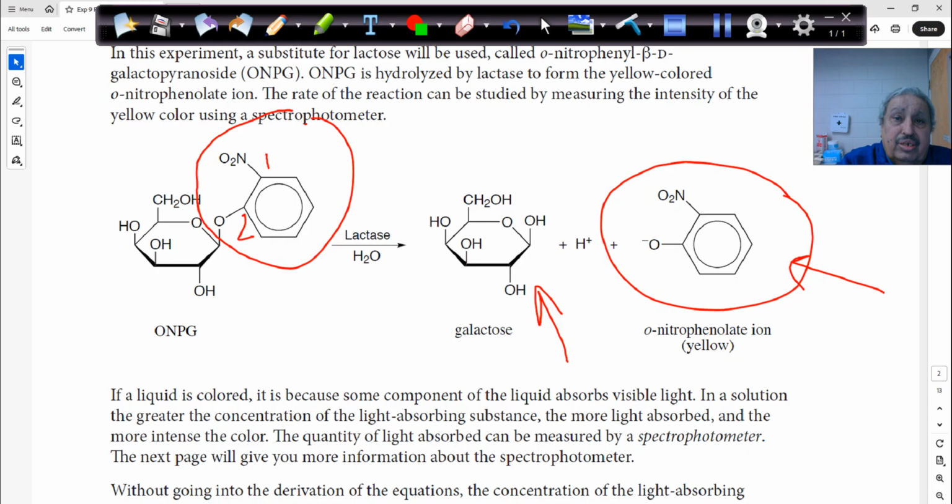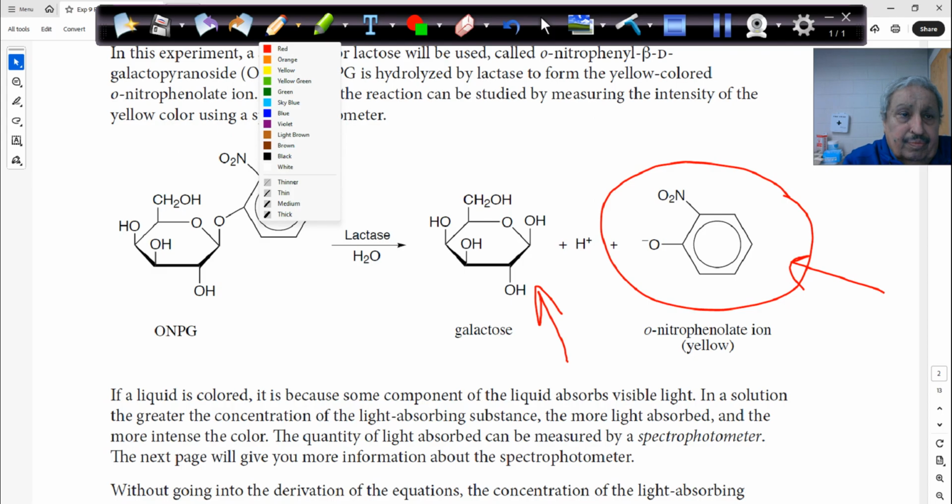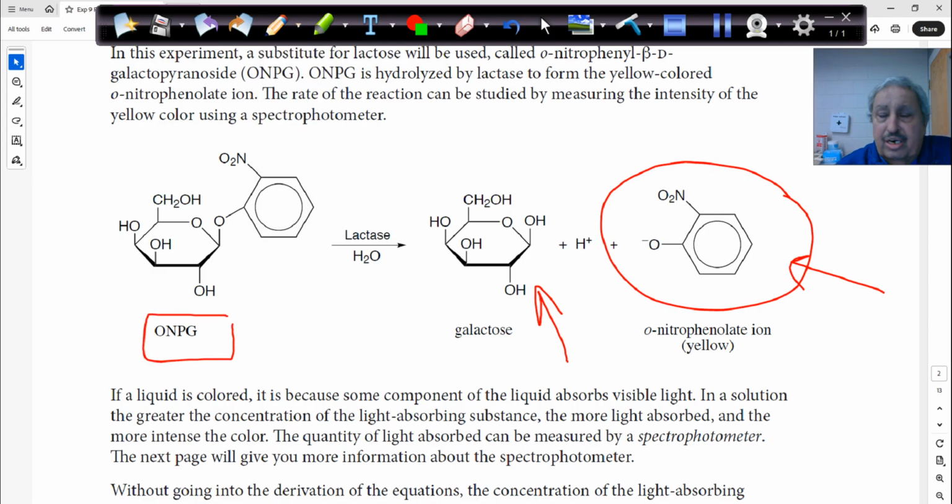So this molecule here has the large name, which is abbreviated from now on ONPG. That's the abbreviation used by your procedure. ONPG stands for the 1,2 or ortho nitrophenyl beta D-galactopyranoside.